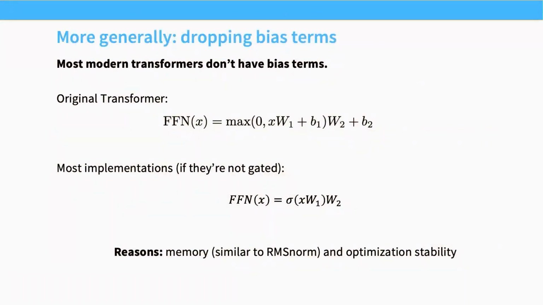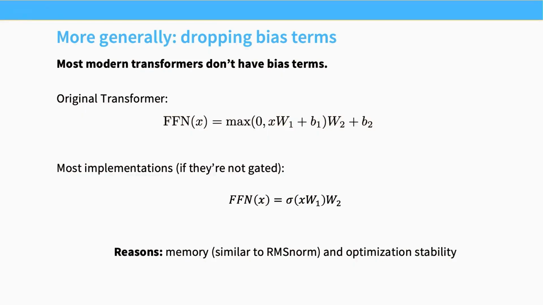And in general, there's a more general version of this. There's no guarantee to any of the things I'm saying, but bias terms in transformers and neural networks are generally not that useful. So in the original transformer, the linear terms all have biases, but most implementations actually just drop the biases entirely, right?